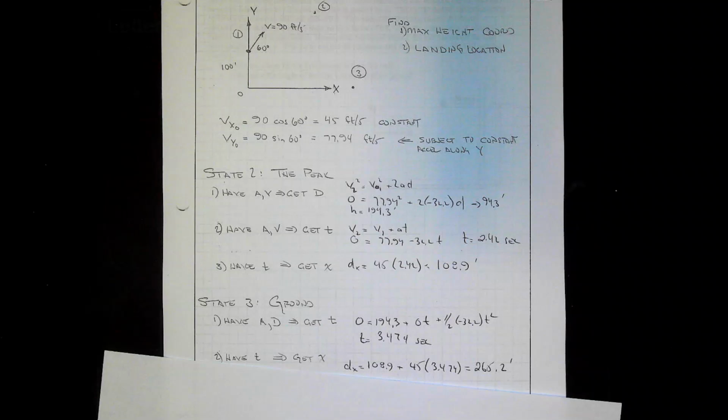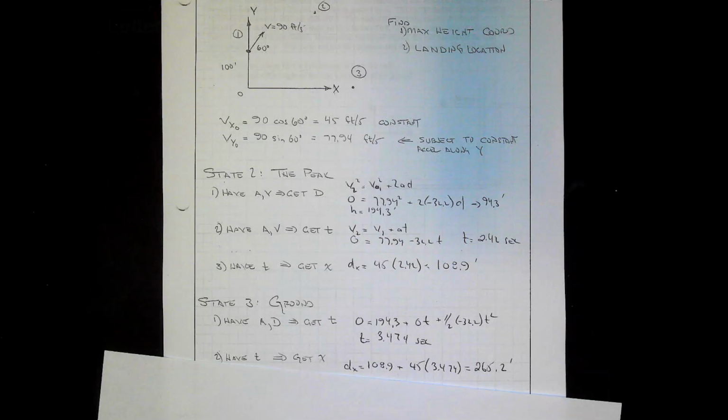Now let's see, what do we know about step 3? I have to go from here to there. I don't know how long it'll take, but I do know the acceleration, the initial velocity, and the distance we're going to travel. We're going to drop from 194.3 down to 0. We have an equation for that. We're going to end at 0 height.